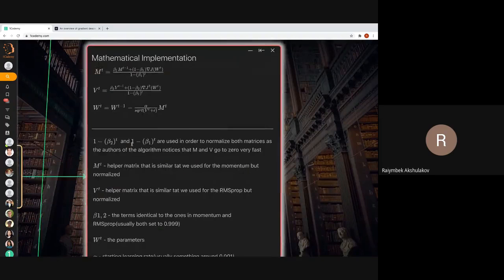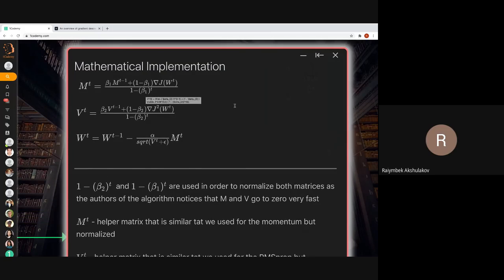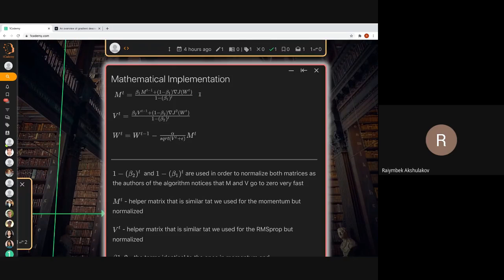As you can see here, this is the mathematical implementation. Now instead of one helper matrix, we have two helper matrices. One is for helping to shape our learning rate, which is very similar to the G matrix. And this is the M matrix, which is very similar to the momentum matrix. As previously explained, some biases were introduced at the beginning.